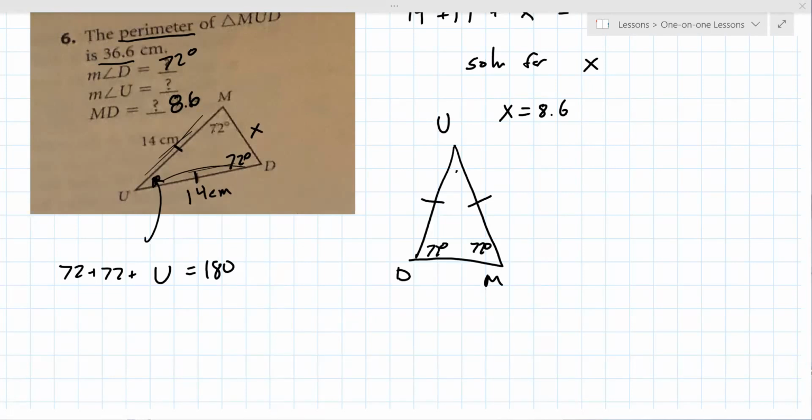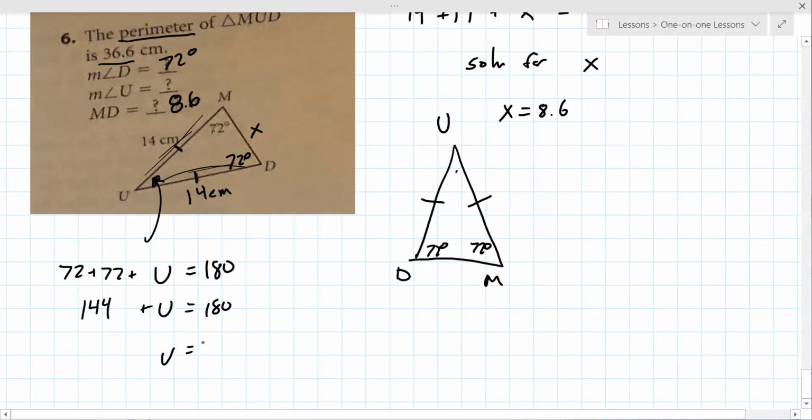It would be 36. So these two add up to 144 plus U, so U equals 36 degrees. Good.